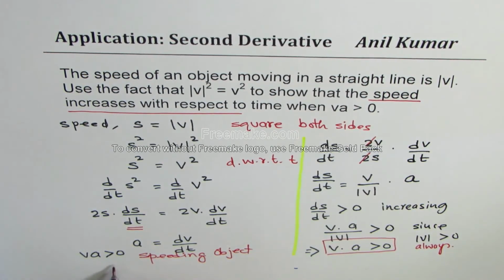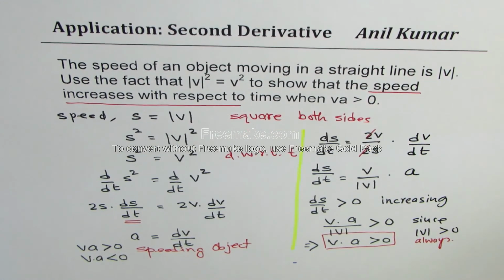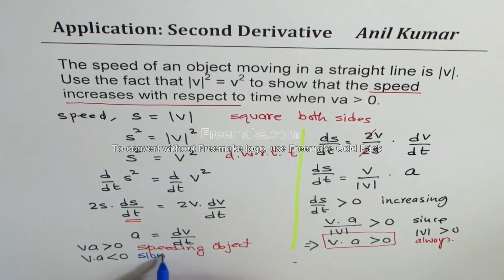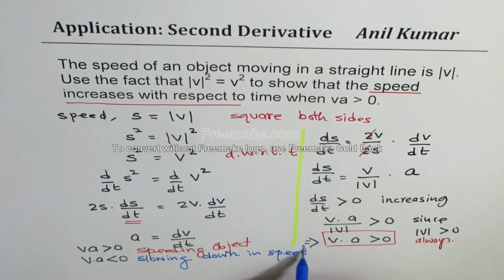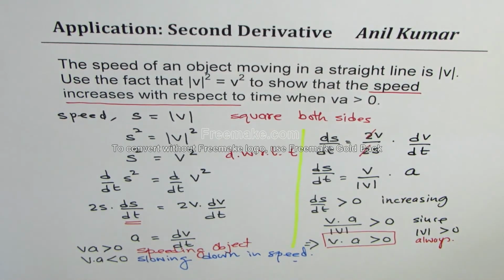If it is less than 0, it means slowing down. So let me write down. If v times a is less than 0, that means slowing down in speed. Is it okay? So that is a very important conclusion.